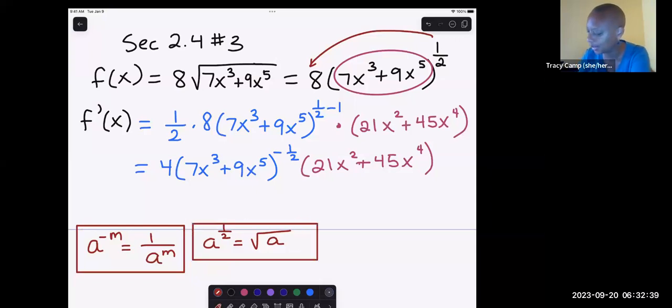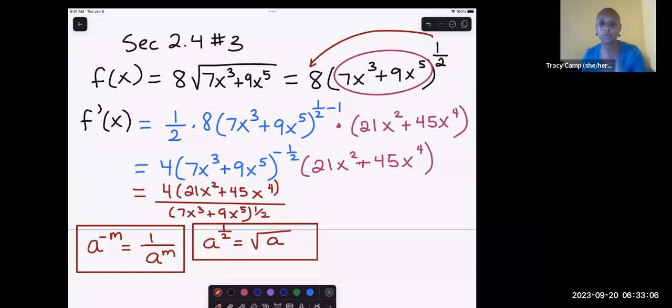So just keeping all that in mind, we can say that this is 4 times 21x squared plus 45x to the 4th over 7x cubed plus 9x to the 5th raised to the power of positive 1/2.